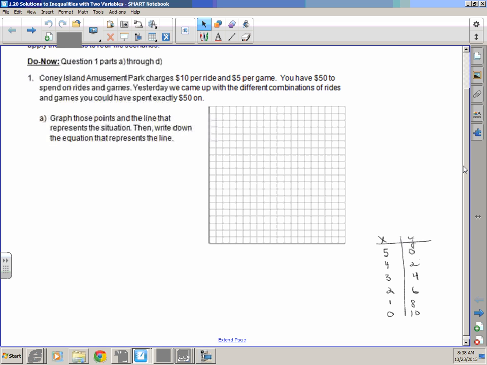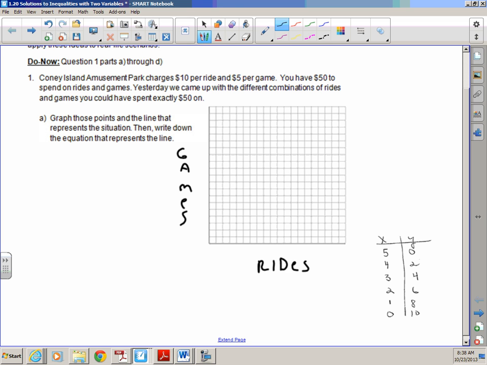you can go on. So if we go back and graph that for a moment, where our x-axis was rides and our y-axis was games. Again, we're doing exactly what we did yesterday. We came up with 6 different scenarios of a combination of rides and games we can go on.